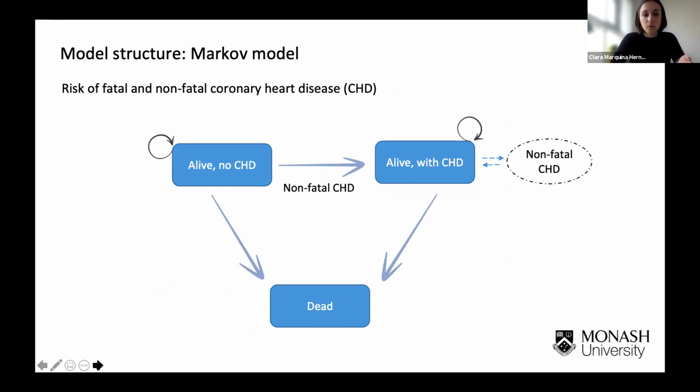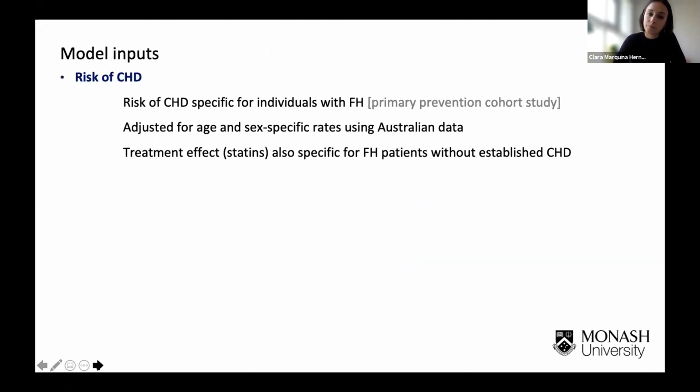So everyone started the model in the alive with no CHD health state, and in each cycle they can remain there, or they can have a non-fatal CHD event and then move to the alive with CHD health state, where again they can remain there, or they can have another non-fatal event, which will have consequences for the costs and the quality of life. And of course, in both of the states, they can die due to coronary heart disease or due to any other causes.